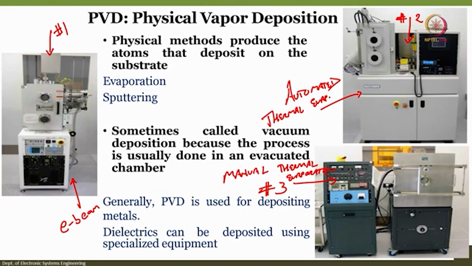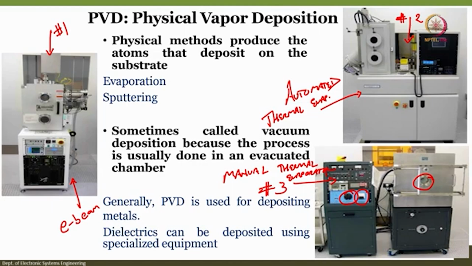Right, the thermal evaporator, and this one is a knob to apply the voltage. This is the meter for understanding how much current flows through the source holder or boat. These are the windows to see whether the boat is melted or not, or whether the source in the boat is melted or not.